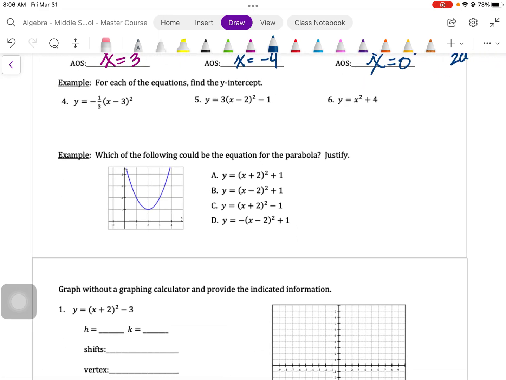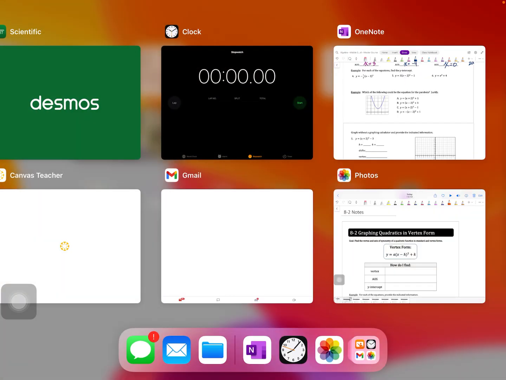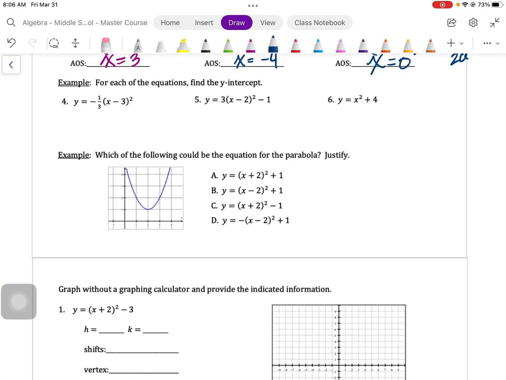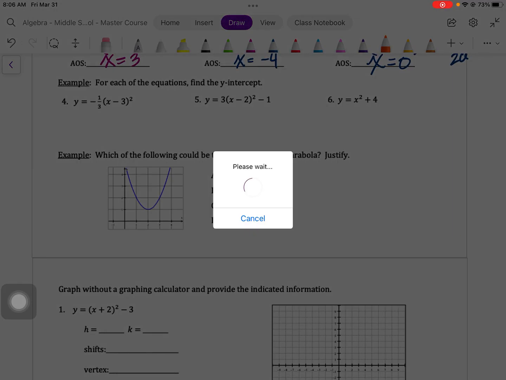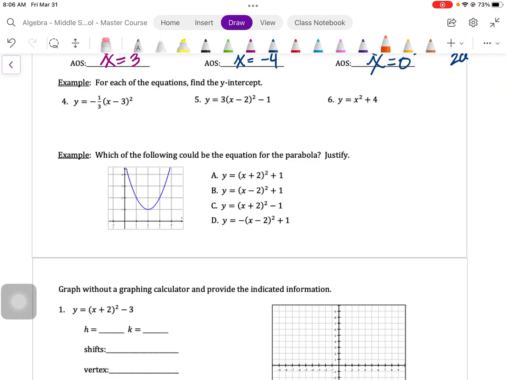Let's keep moving. All right, this time it says, find the y-intercept. So remember, we said the y-intercept is the value when x equals 0. So set x equal to 0 and solve for y. So in the first one, I'm going to do negative 1/3 times 0 minus 3 squared.